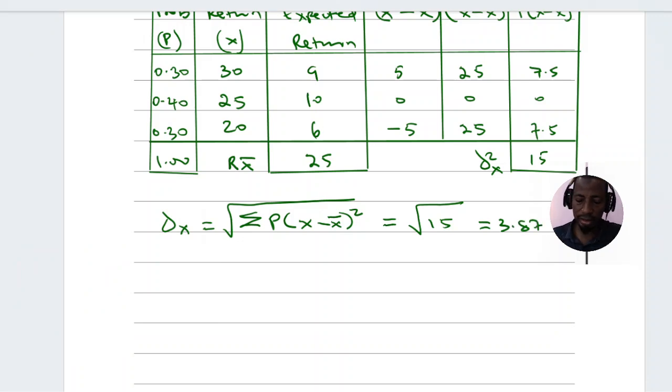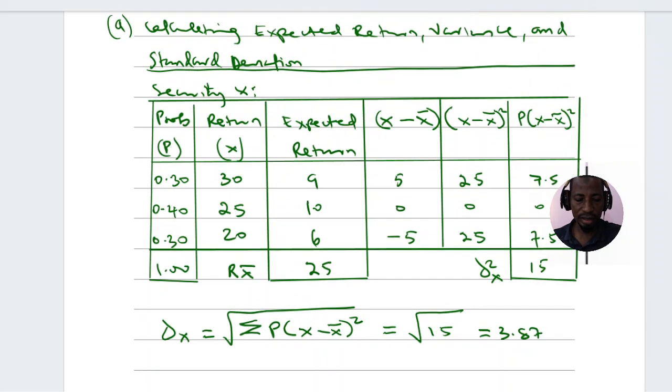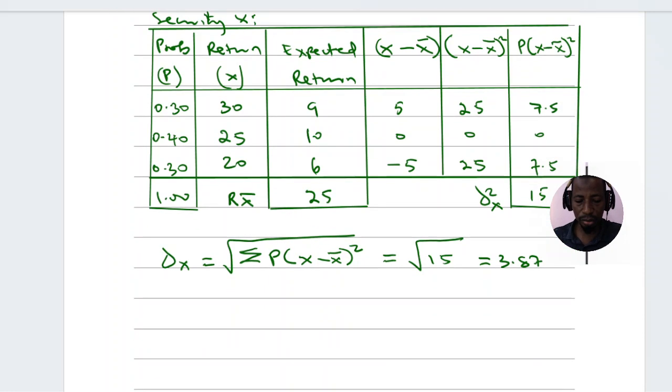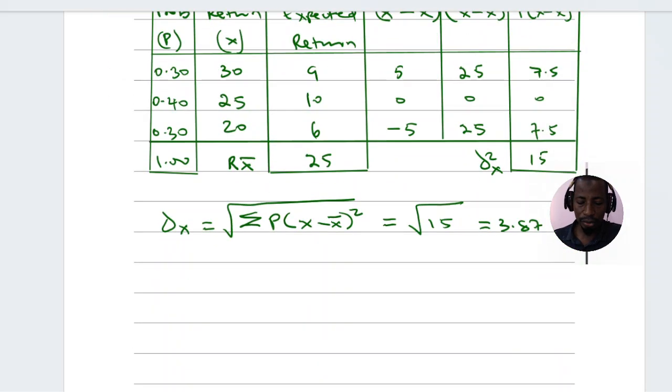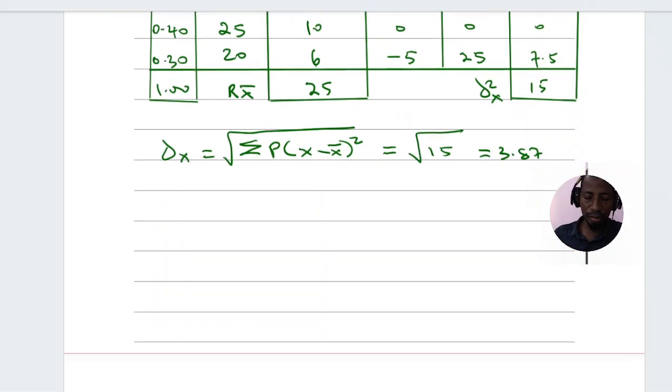So that's the standard deviation of security X. In the A part, the examiner is asking us to calculate the return of the portfolio and the return of individual security, but we have merged A and B together. We separate it later on. So let's assume this is our workings. Then let's compute the return of the portfolio.